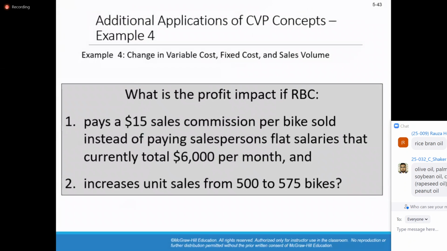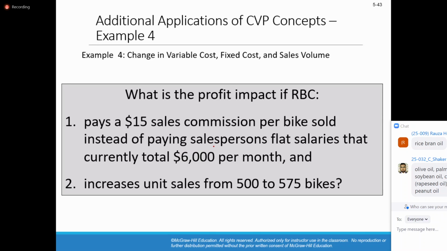Okay. Now we would like to see what the profit impact is if the RBC pays a $15 sales commission per bike sold instead of paying salespersons flat salaries that currently total 6,000 per month. You see what is happening.